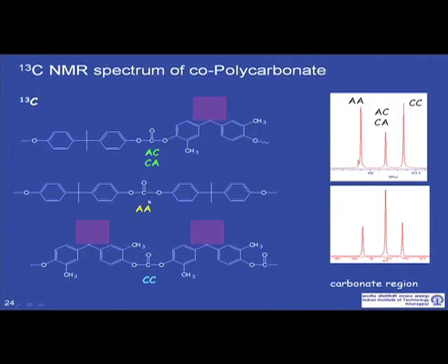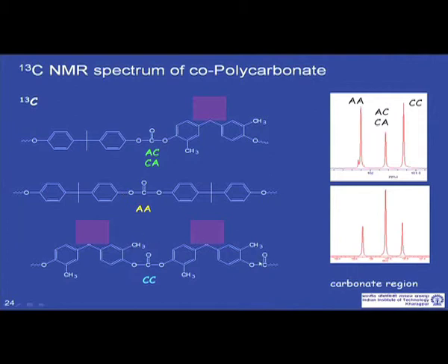Now, this carbonate peak, if we call this A and this A, this particular carbonate is from the copolymer having two bisphenol A groups making a carbonate linkage, which we can get from the bisphenol A polycarbonate homopolymer. So, we can assign this peak A from the BPA homopolymer.